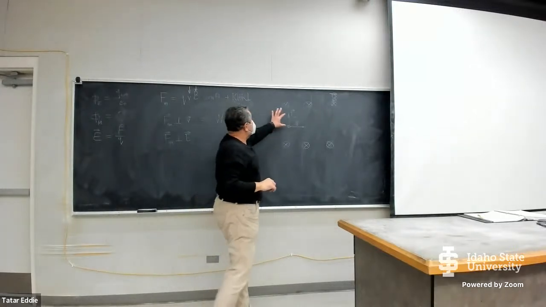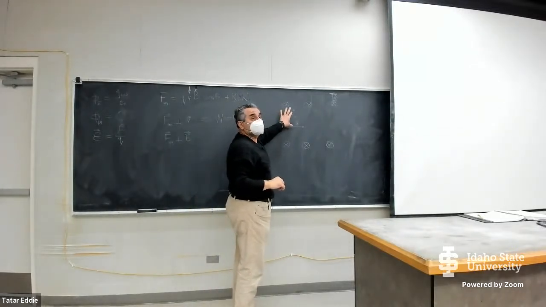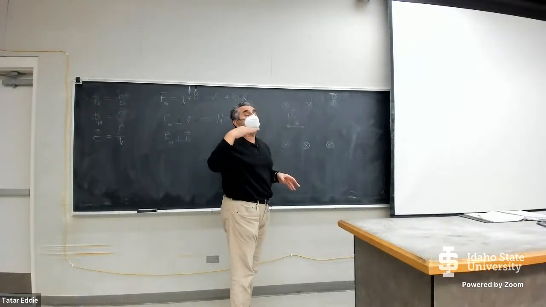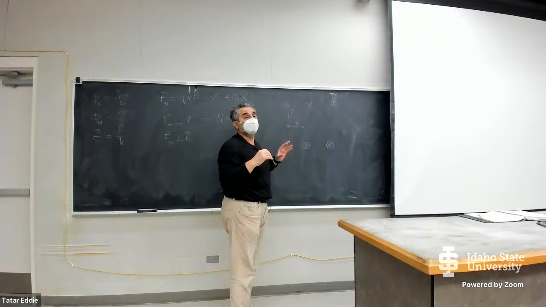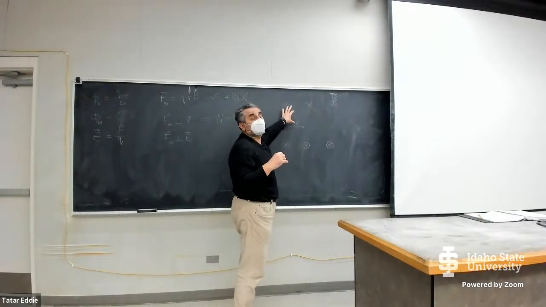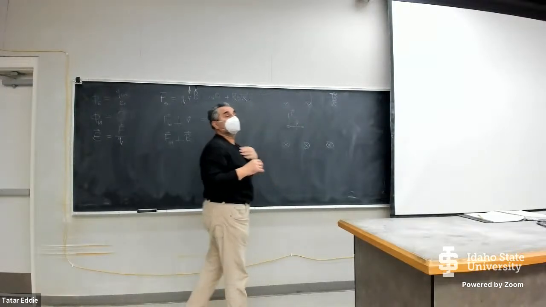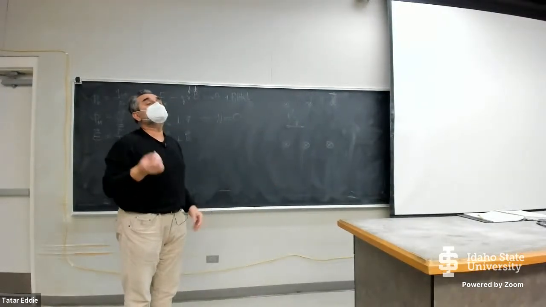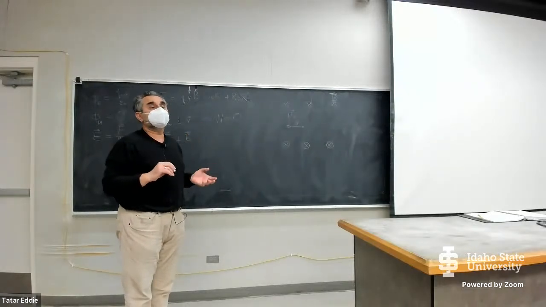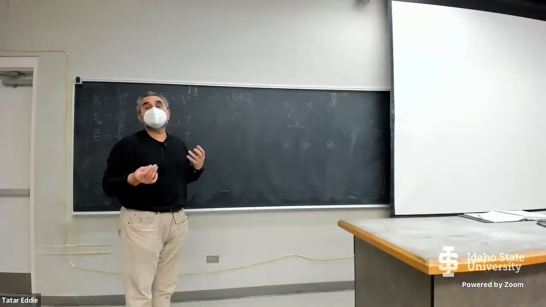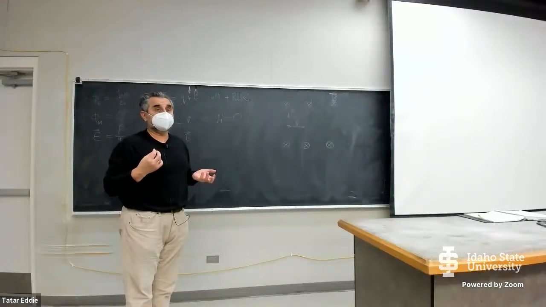But this magnetic force changes the direction of motion, curves the trajectory of the charge, but it doesn't change the magnitude of velocity because it doesn't do work on these charges. So magnetic forces do not do work, and this is a typical question in different forms that you can encounter in quizzes and standardized tests.